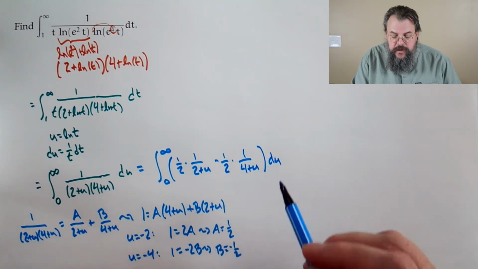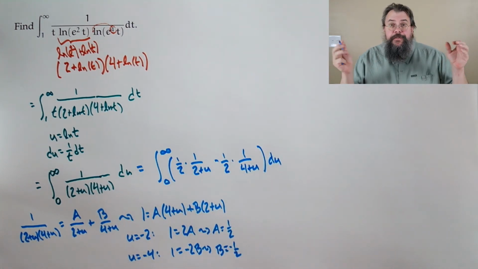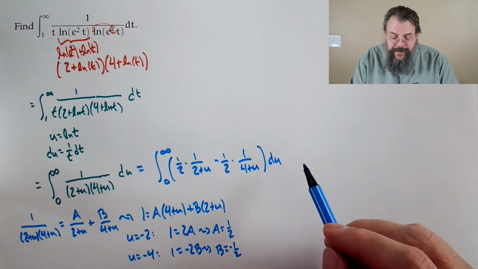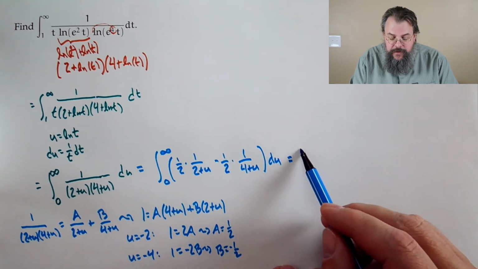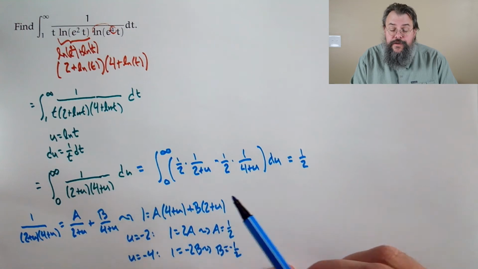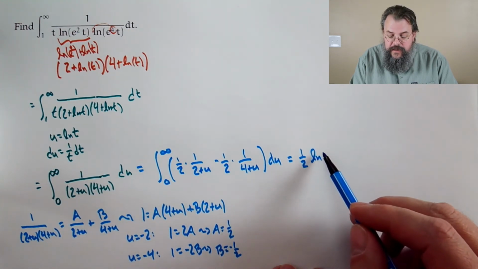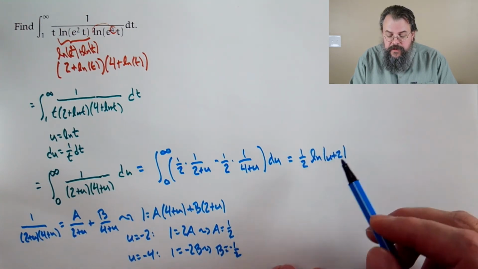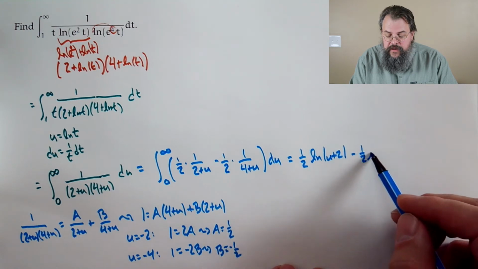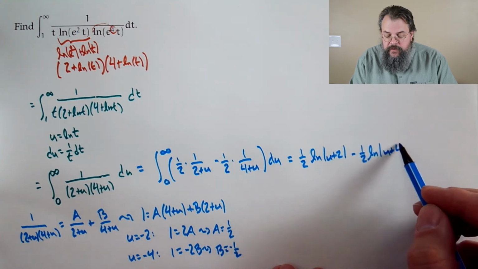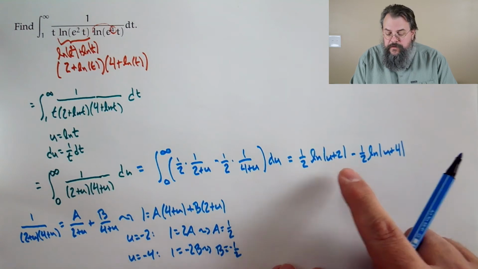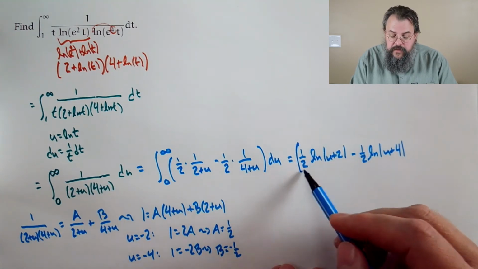and du. All right, well, these are great integrals to work with. So this becomes 1/2 times the integral of 1 over 2 plus u, which is log of u plus 2. And then minus a half log of u plus 4. I could have put 2 plus u and 4 plus u, same thing.